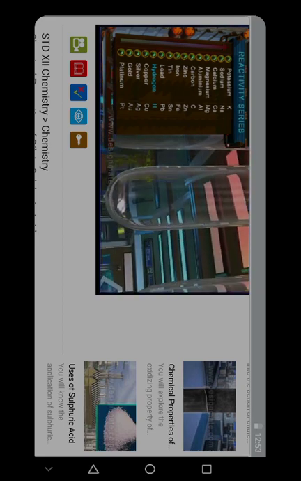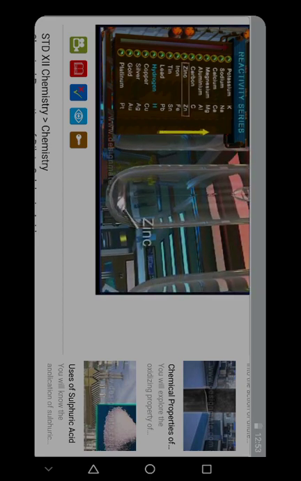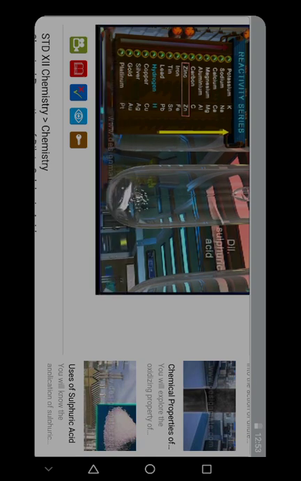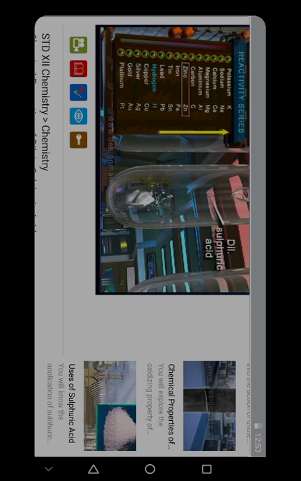but metals lying above hydrogen in the electrochemical series, like zinc, when added to dilute sulfuric acid solution, liberate hydrogen gas.